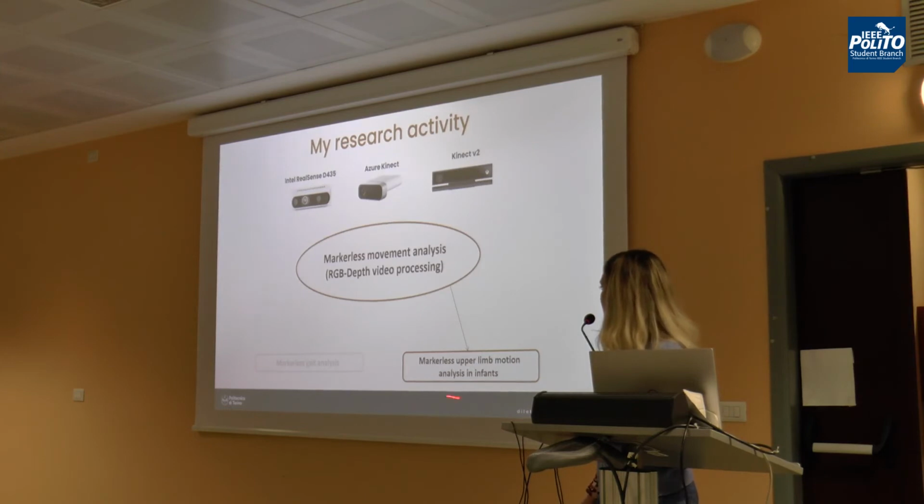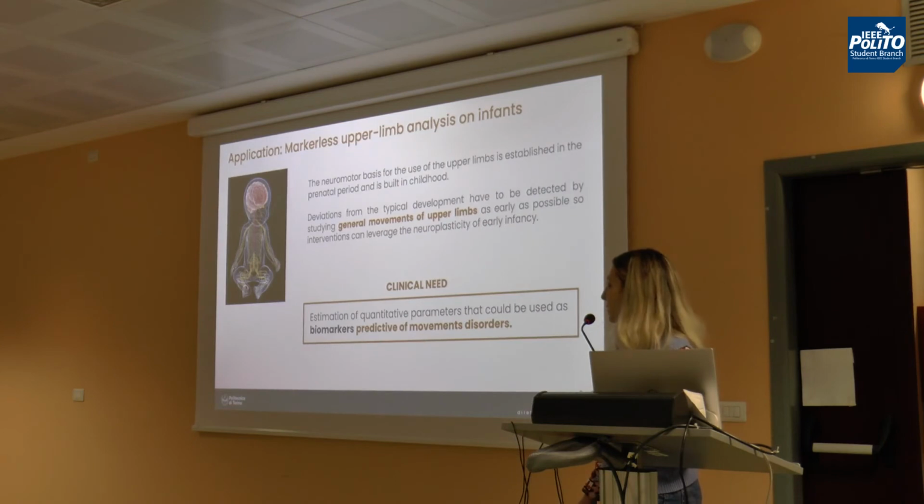The second activity of my project is markerless upper limb motion analysis in infants. The problem in infants is that deviations from typical development have to be detected as early as possible to leverage the neuroplasticity of the brain in early infancy.